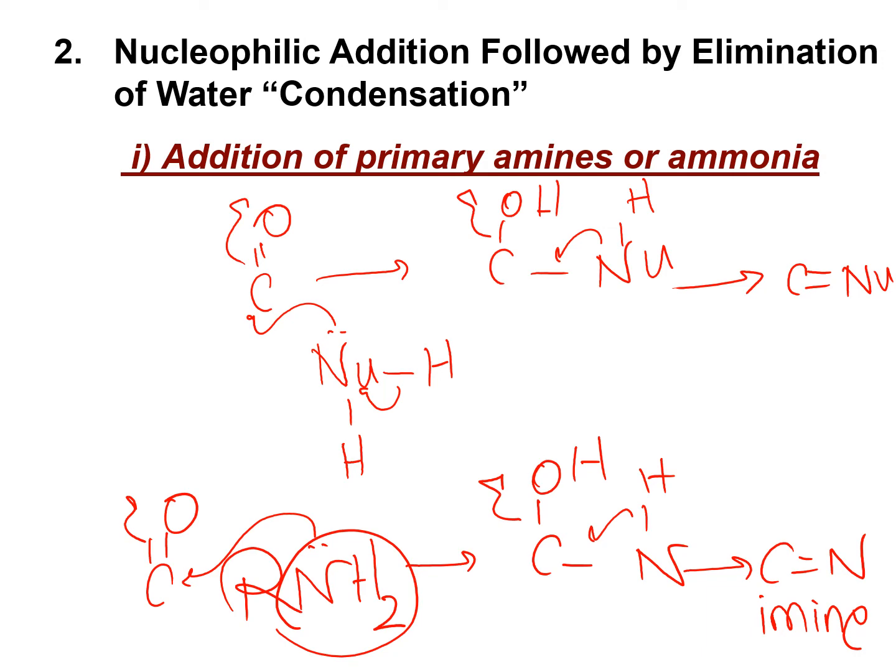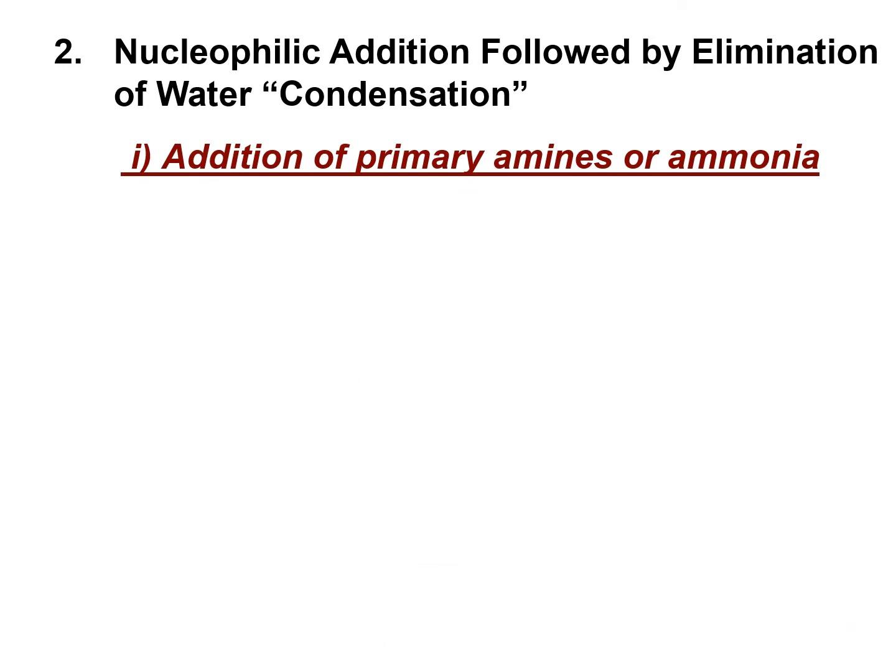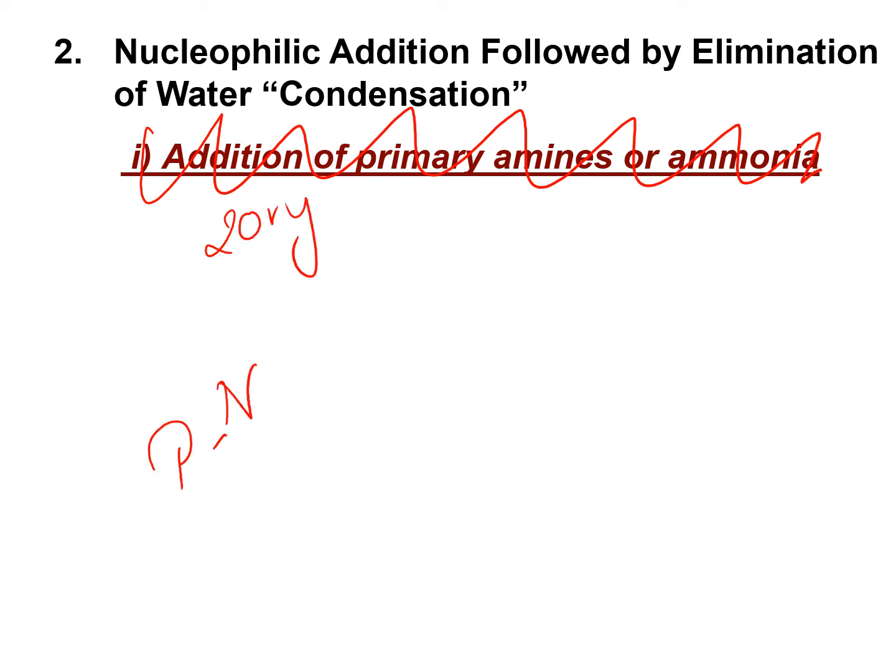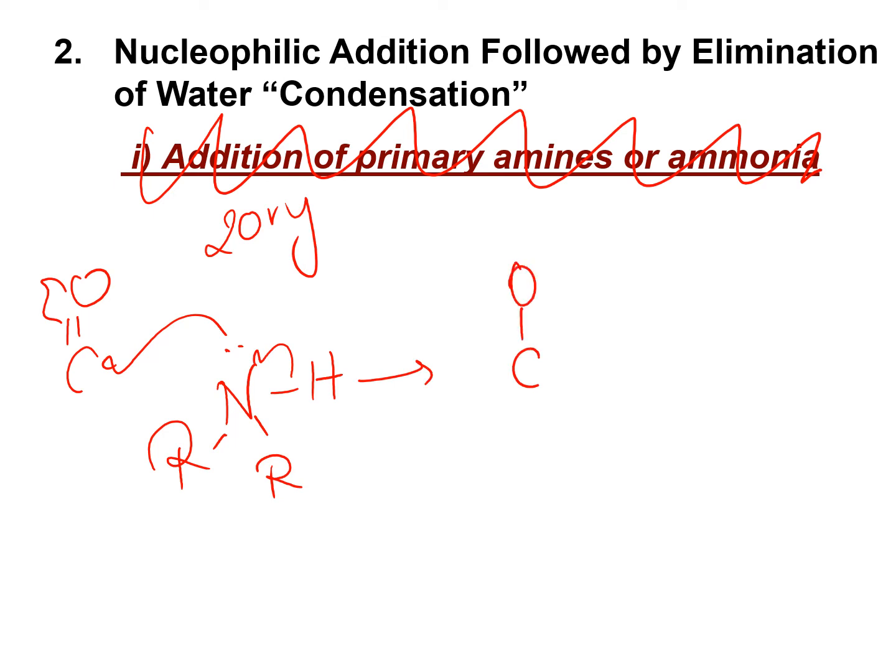However, if your amine is a secondary amine, you will have the nitrogen attached to 2 R's and then a hydrogen. So when it reacts with the carbonyl, it will have no more hydrogens attached to it.